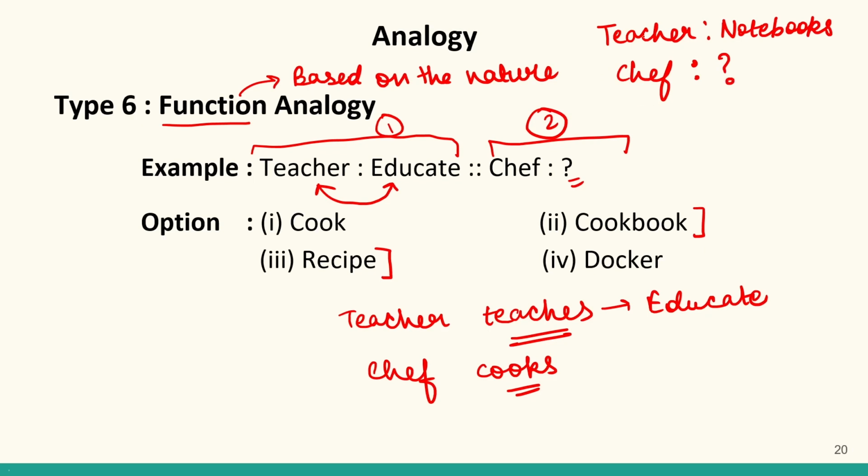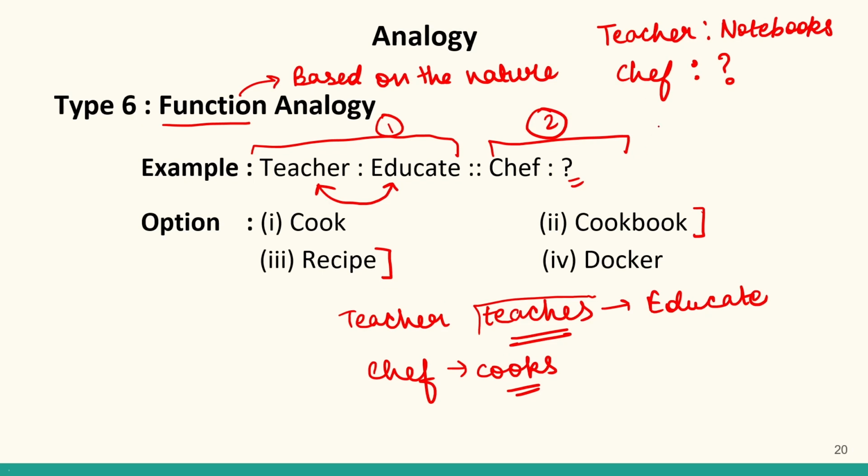In that case, the logic would be that teachers use notebooks or books for their references. Similarly, chefs use cookbooks for their references, right? So it is very important to identify the exact relationship in the first pair. In this first pair, it is the function of the teacher to teach. Therefore, we have to identify the exact same function of a chef, which is to cook.